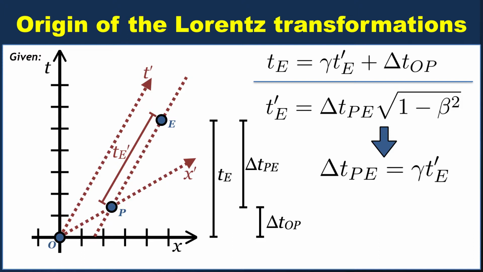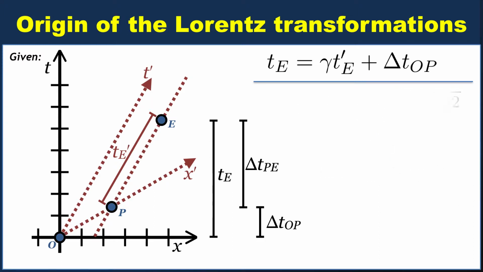Now we're going to go to work on that second term in the top expression, namely delta t op, the coordinate time interval in the home frame between events O and P. To do this, we'll note that on a two-observer spacetime diagram, the angle between x prime and x should be equal to beta. So we label that.